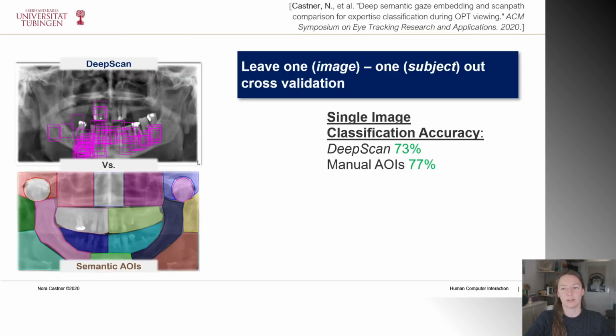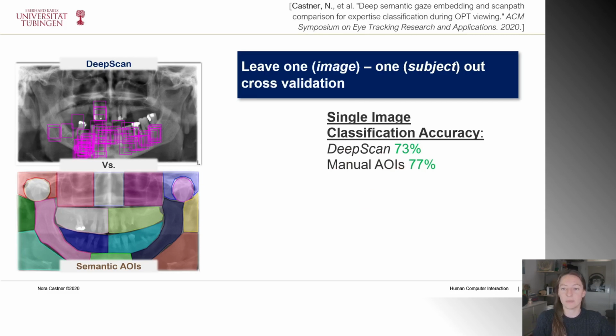We also compared our method DeepScan to the traditional Smith-Waterman algorithm using manual AOIs indicating the anatomical structure of the OPTs. We used leave one image, one subject out cross-validation for a KNN classifier, and we found comparable performance. DeepScan at 73% accuracy, manual AOIs with the Smith-Waterman at 77% accuracy.